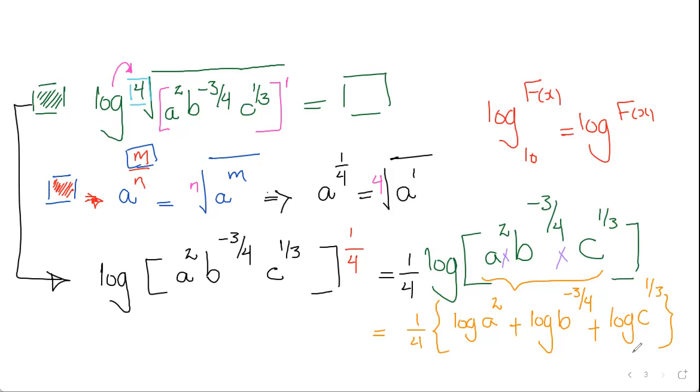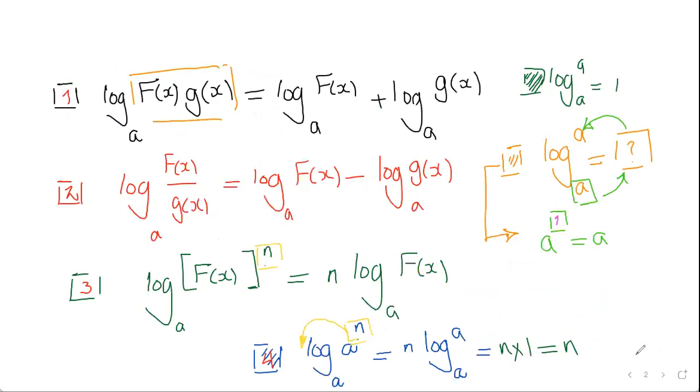Because in front of the log, I had a couple of terms that were squashed together by multiplication. I decomposed them into separate log functions, and that is nothing but using identity number one. In number one, we had two functions, but you can expand it to the product of more than two functions.